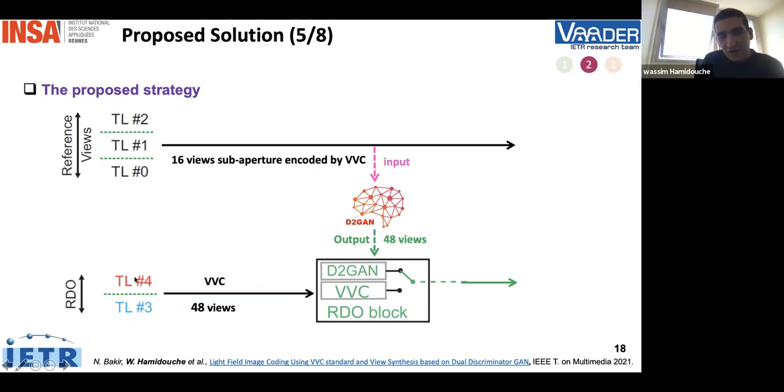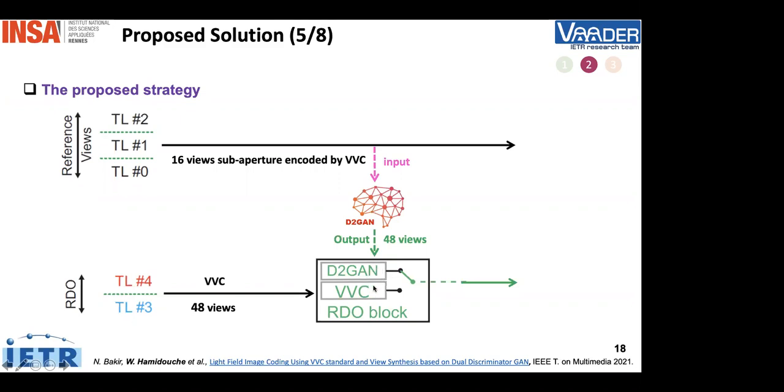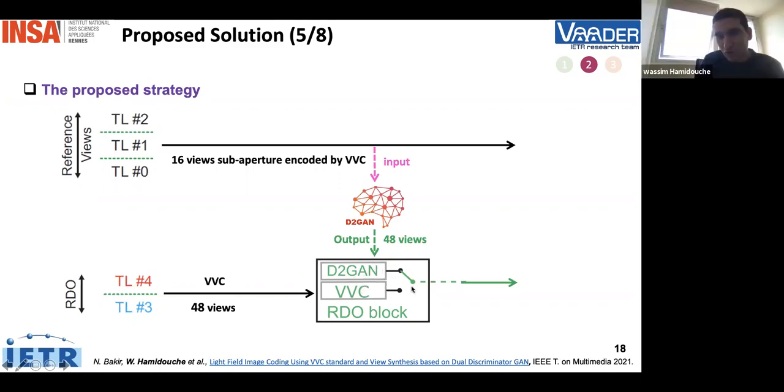And these 48 views are also encoded with VVC at temporal layers 3 and 4. This rate distortion optimization block will decide to encode with VVC or synthesize with the synthesizer block these 48 views at the encoder side.